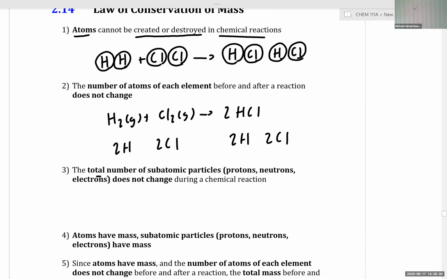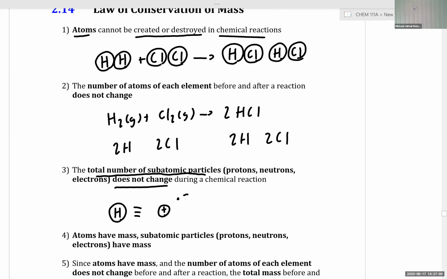Further, the total number of subatomic particles does not change. If we think, for example, of a hydrogen atom, it can be thought of as a bundle of a proton and an electron.